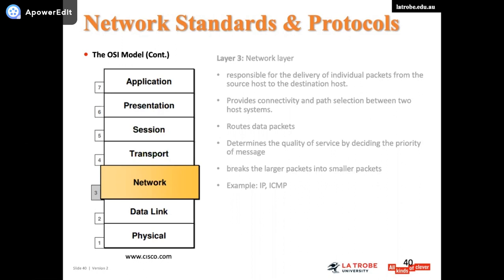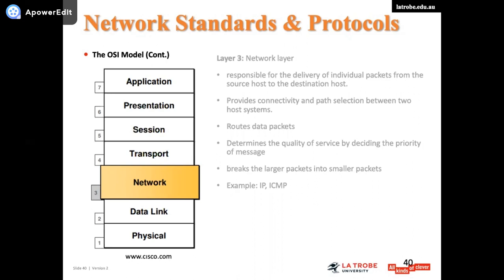It means that our video message can be corrupted to some extent. Our video quality may be affected, but you don't really care about that, as long as you can see the picture. So it depends on the service and on the different types of message. We can give different quality of service to them. So that's the job of the network layer.